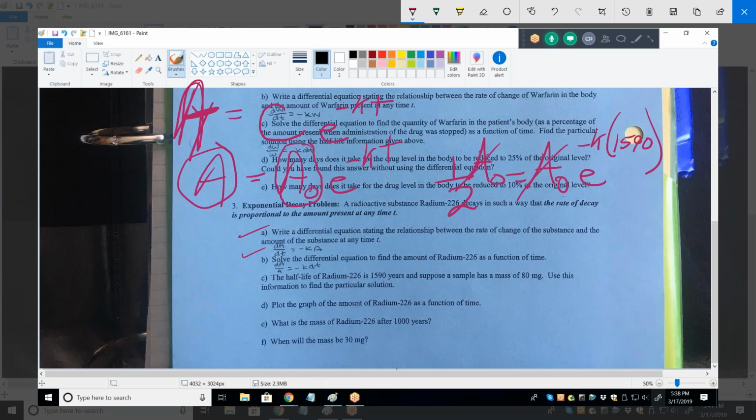You're going to end up with the natural log of 0.5 equals minus 1,590 k. So k is the natural log of 0.5 divided by minus 1,590. I bet you that's a really tiny number.